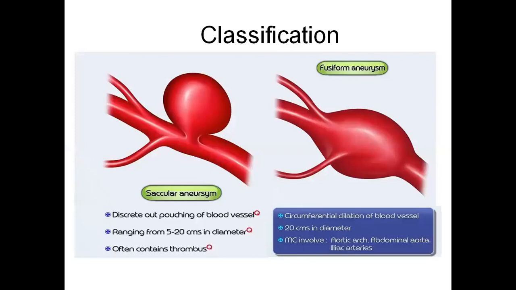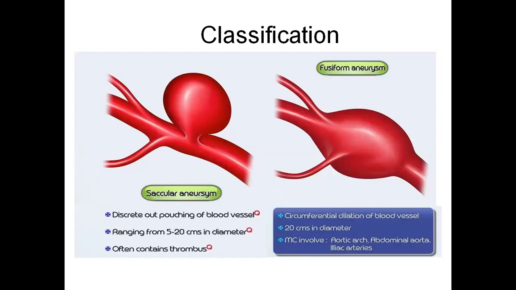Let us first look into the saccular aneurysm. There is a discrete outpouching of the blood vessel ranging in diameter around 5 to 20 centimeters, and it often contains a thrombus. Then the fusiform is a circumferential dilatation of the blood vessel.